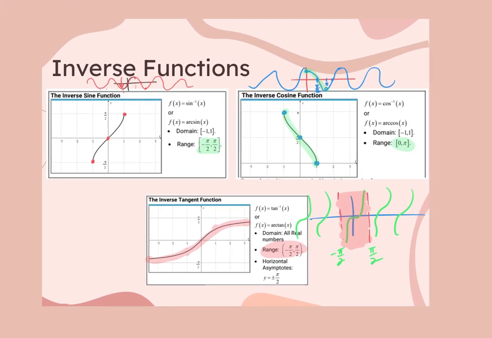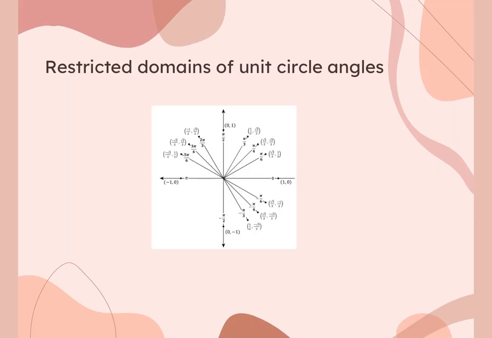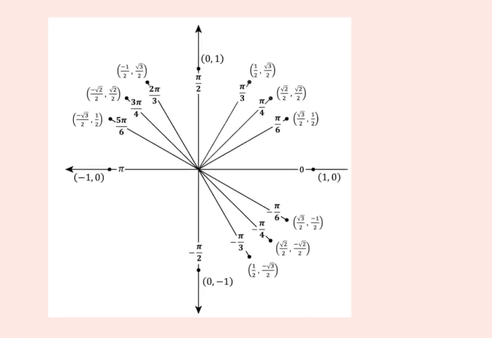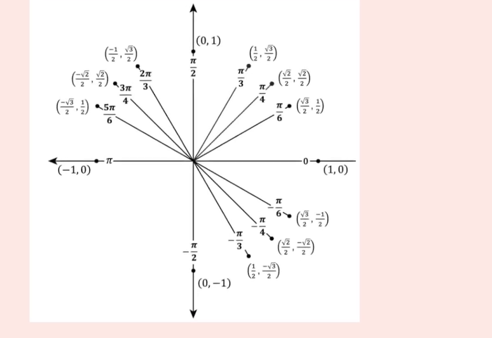So we need to know, 1, what the actual graph looks like, and 2, how to restrict it when you're finding your inverse trig function. This is why when you go to your unit circle to find the answer for any of the first questions that we had, because we're going to see them in negatives in a second, you will restrict your domain on your unit circle.